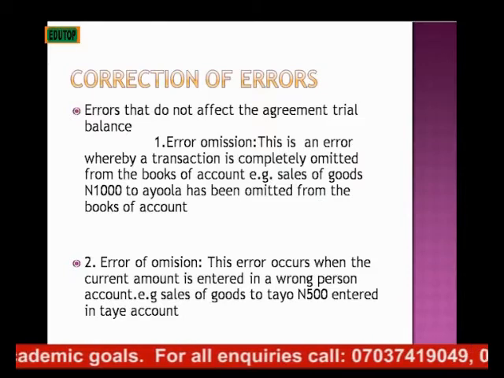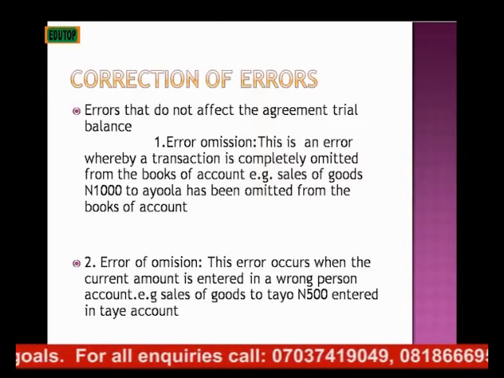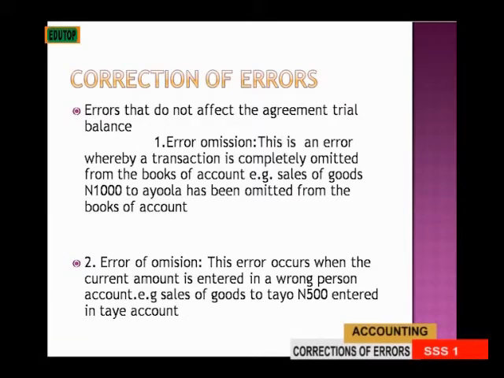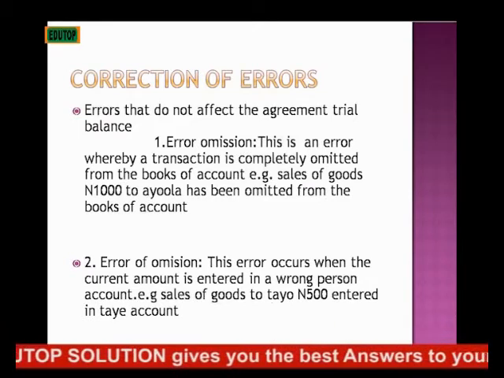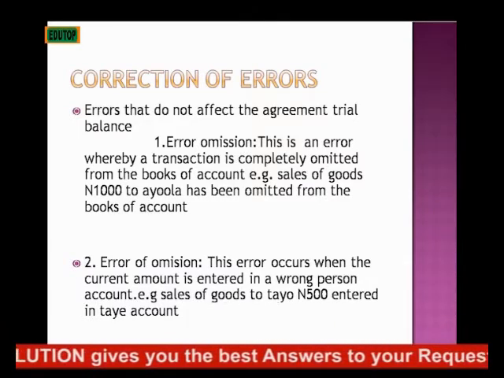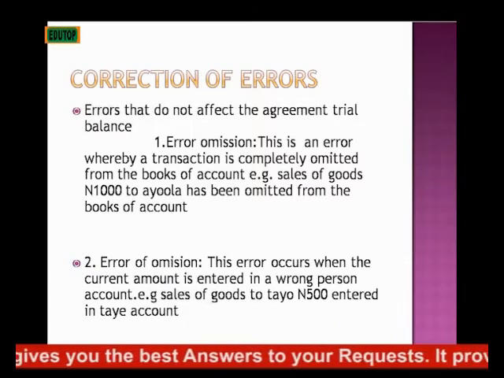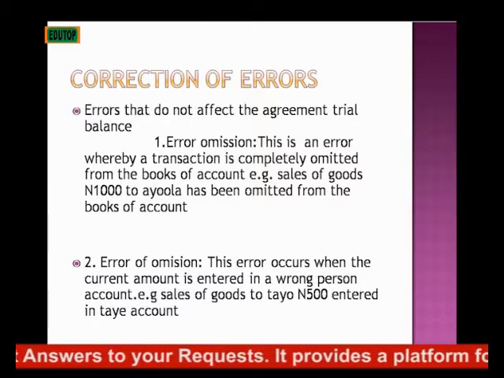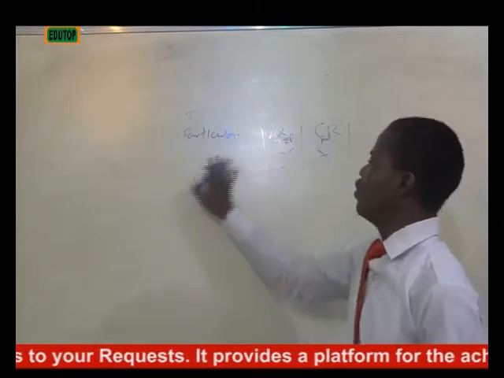It was not included when preparing the trial balance. Let's take an example: sales of goods 1,000 to Ayola has been omitted from the books of account.